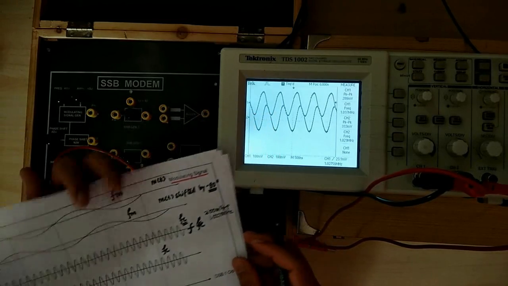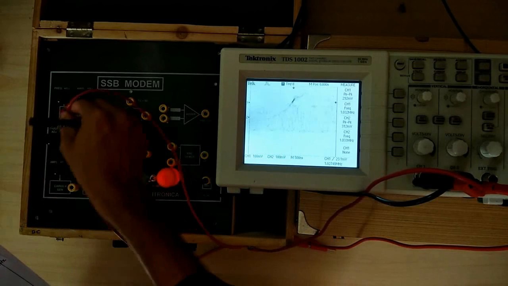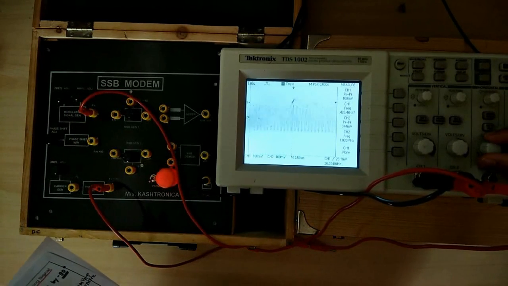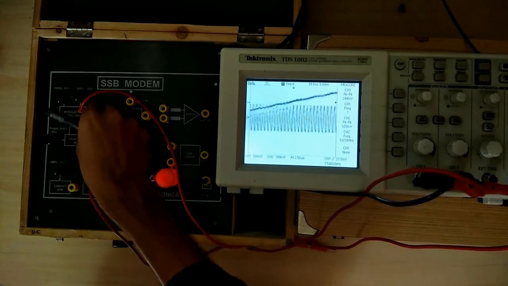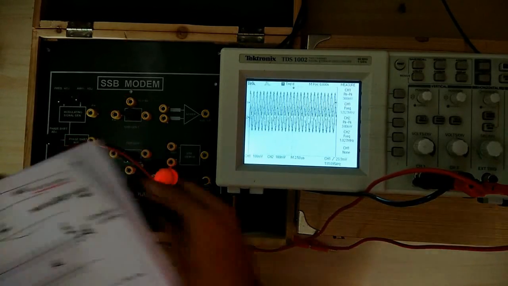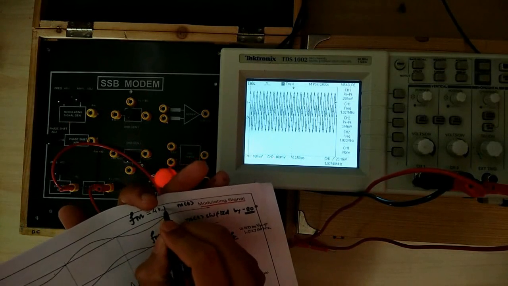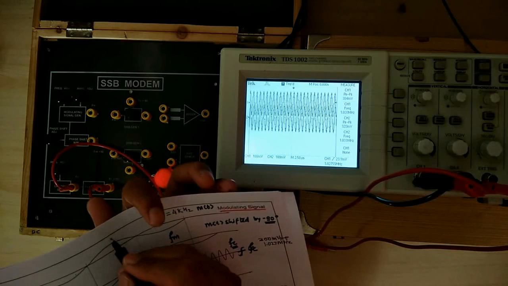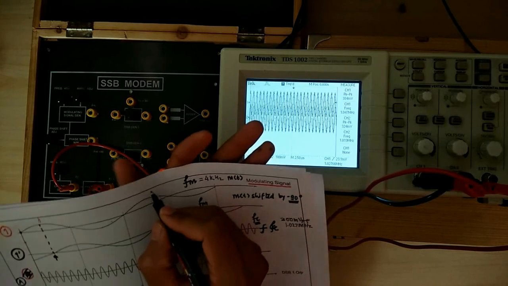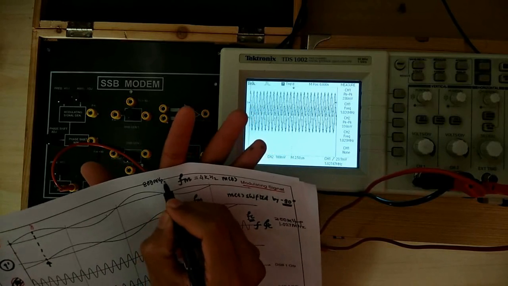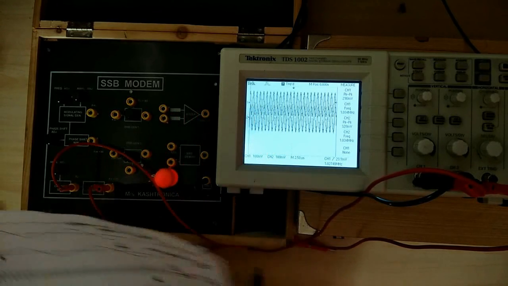The message frequency we have taken is nearly 4 kilohertz, and the amplitude we have taken is 800 millivolt peak to peak.